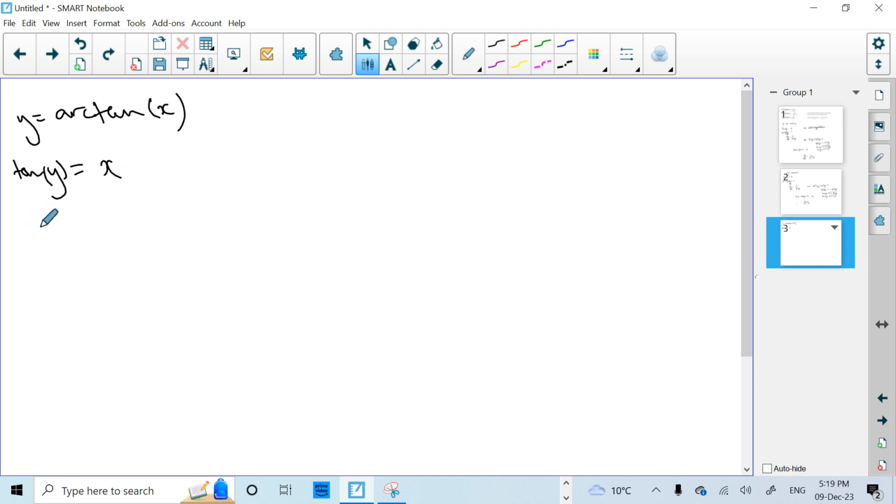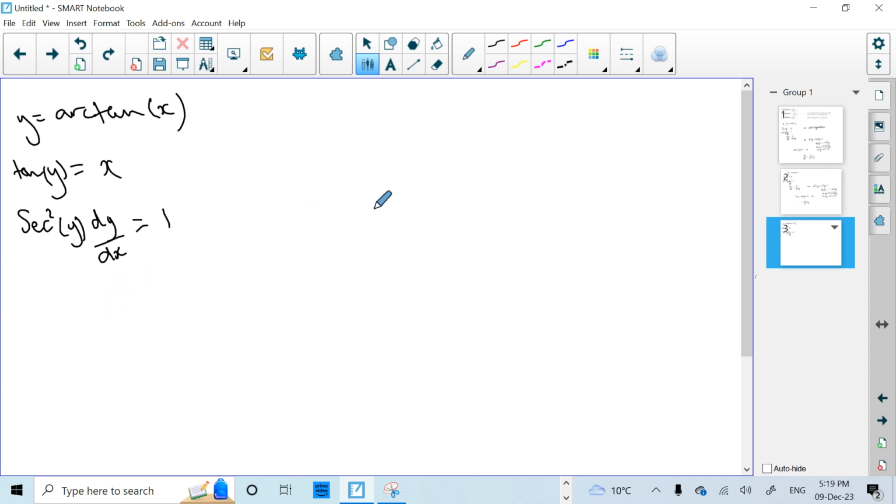The differential of tan y is sec squared y, so using implicit differentiation, sec squared y dy/dx will be equal to 1.